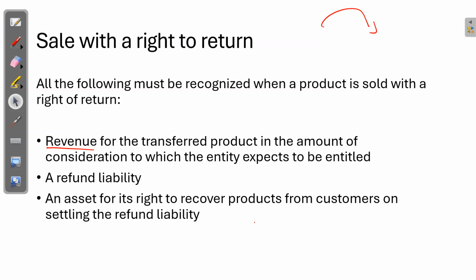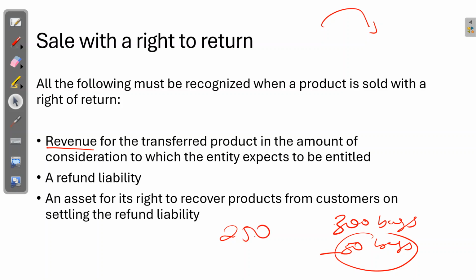So let's say that we have sold 300 bags and we know that it is likely the customer will return maybe 50 bags. So we recognize revenue for 250 because that's what we are certain that we'll earn.